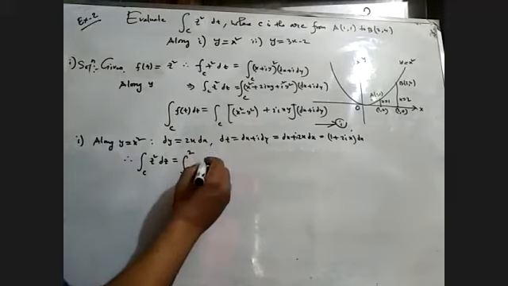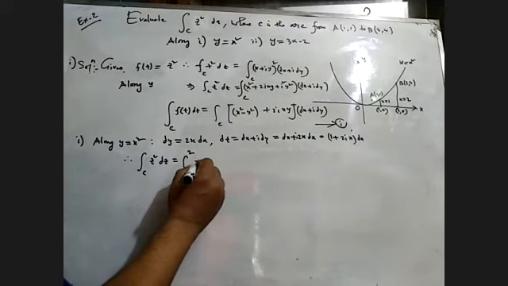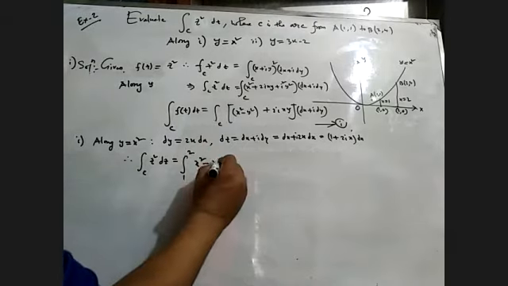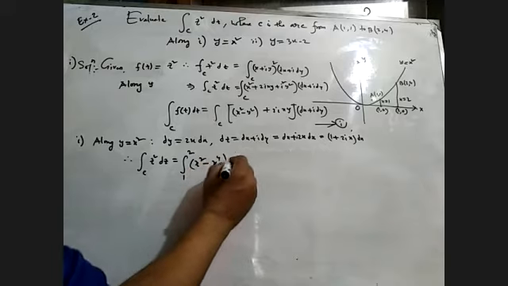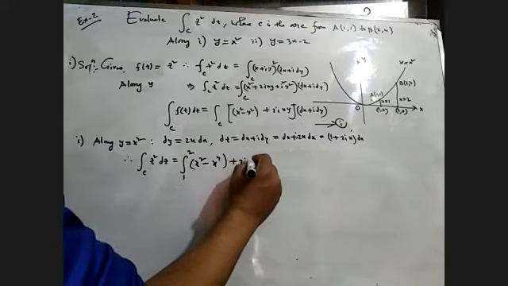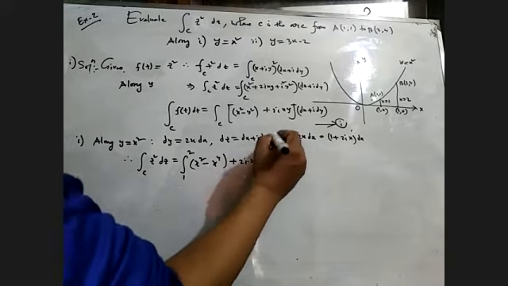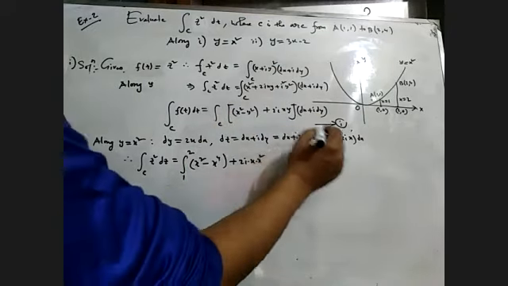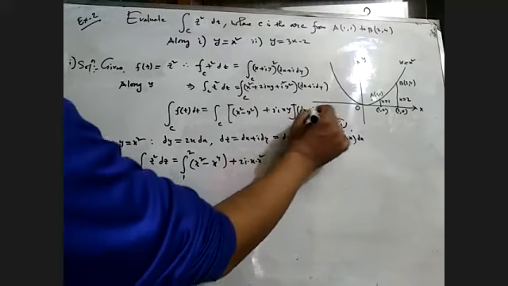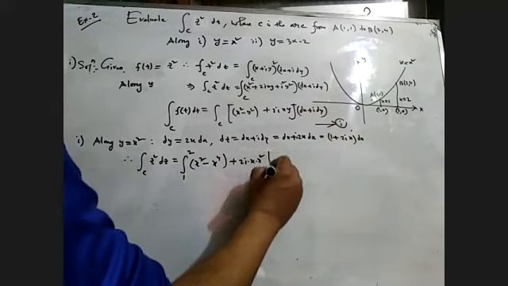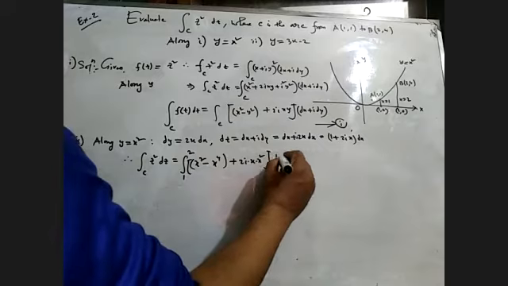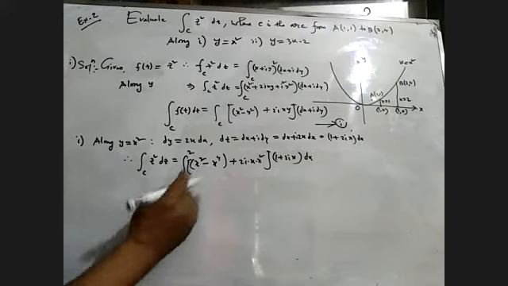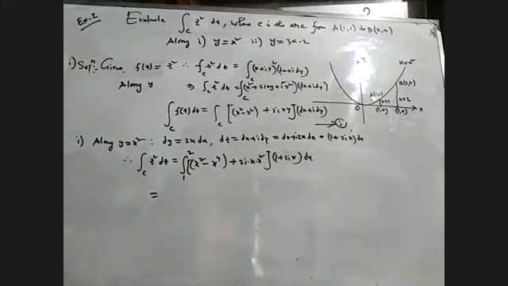So this will be x square minus y, with y equals to x square, so this becomes x to the power 4, plus twice i into x, y equals to x square, and dz value changes to dz equals to 1 plus twice i x dx. All variables change to dx.